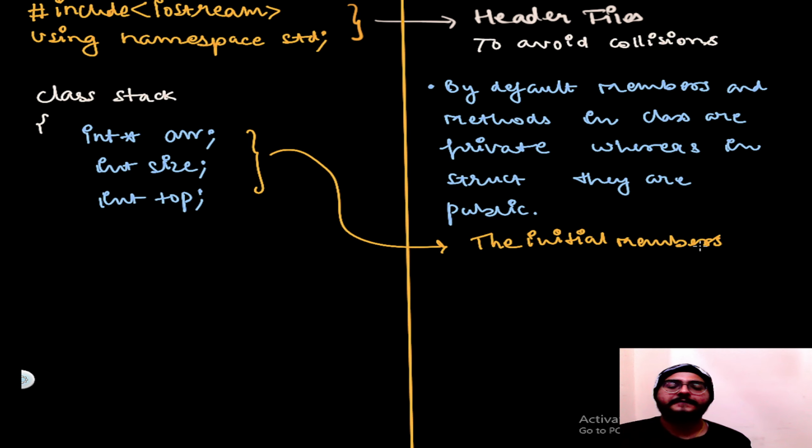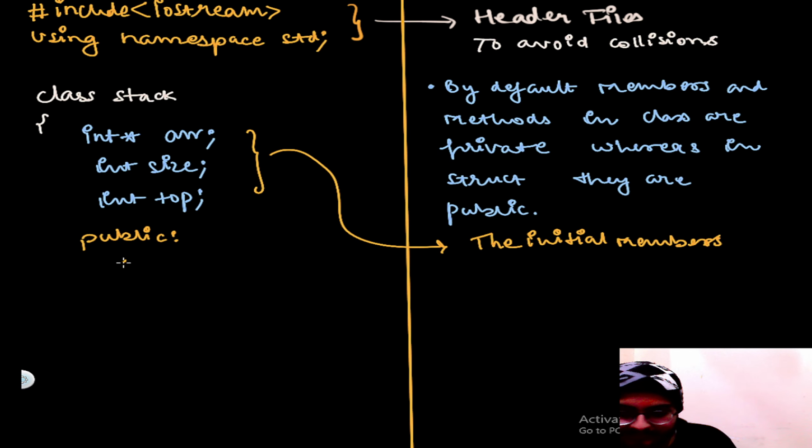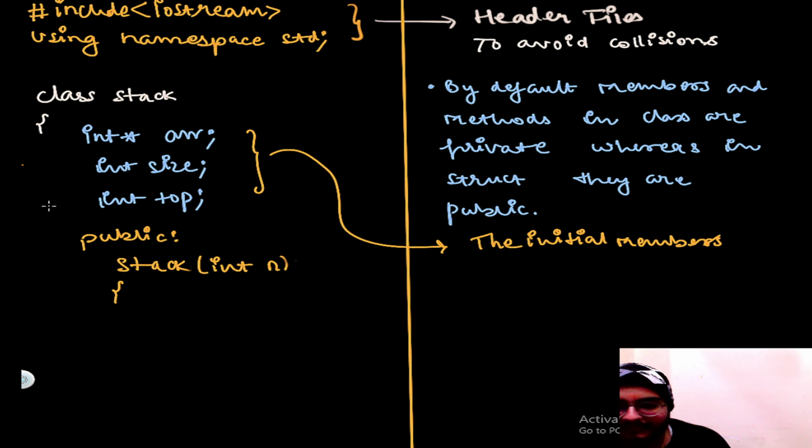Now if we have to initialize anything in the class, we use a constructor. So let's make a constructor. Let's make it public. Then we have Stack. Now this Stack will take the size as a parameter. When I initialize in main, I will pass the parameter as int n.